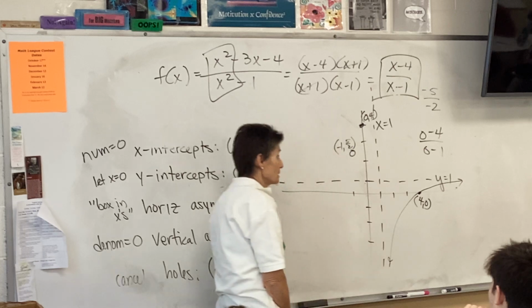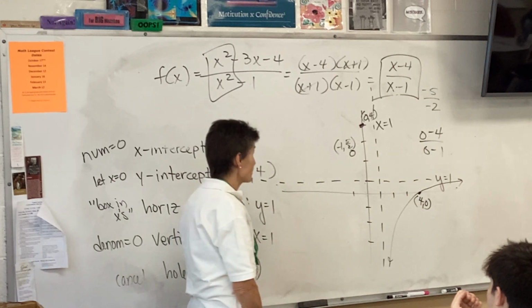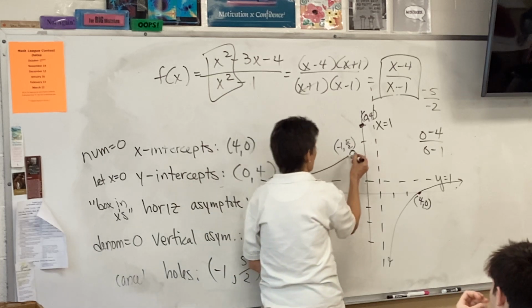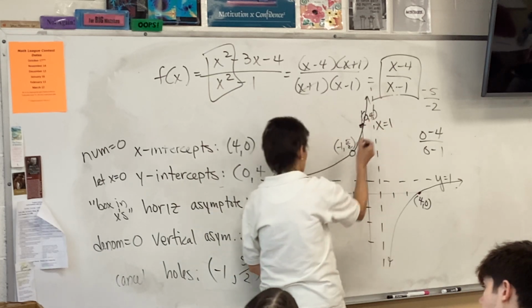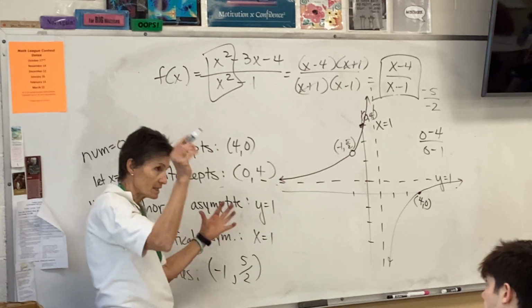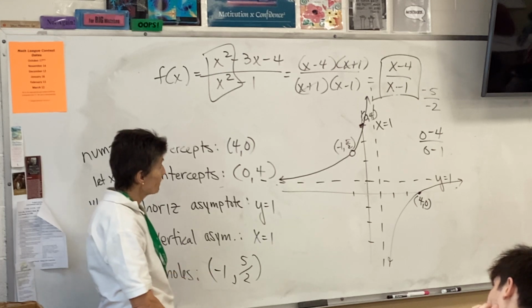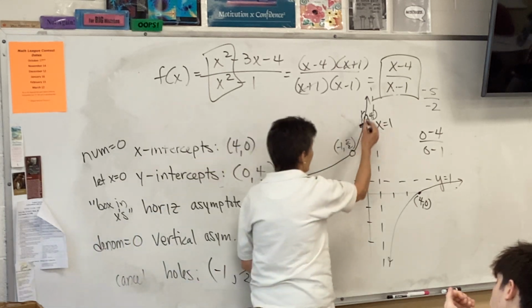I forget with the hole, can it not go through it? No, it does go through the hole. I mean, it skips over it. The hole is part of it, it's connected. It's just a gap in there. It skipped over there. But yes, the hole is part of the arc.